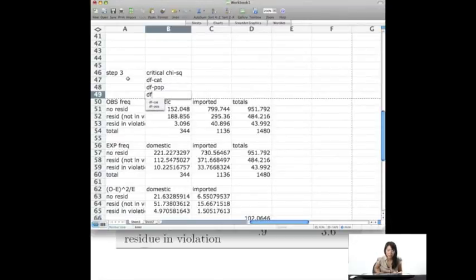So the degrees of freedom for the chi-square. So categories minus 1 is 2. Population minus 1 is 1. So the degrees of freedom is just 2.